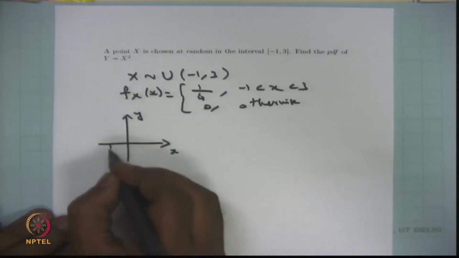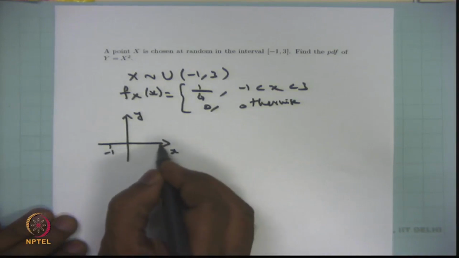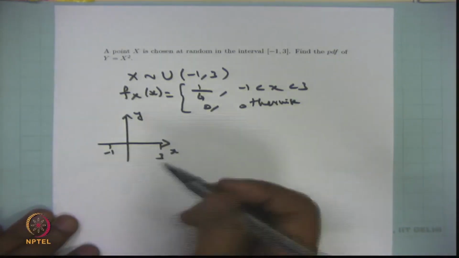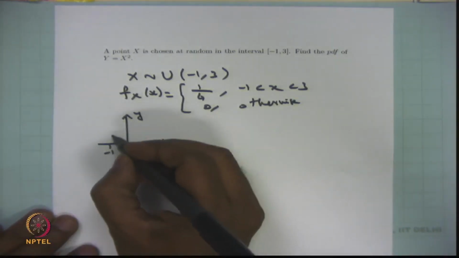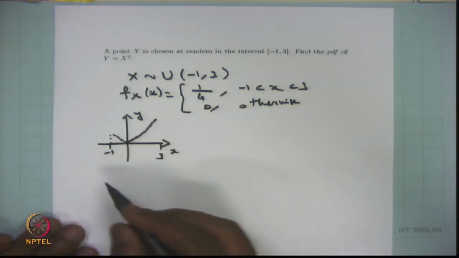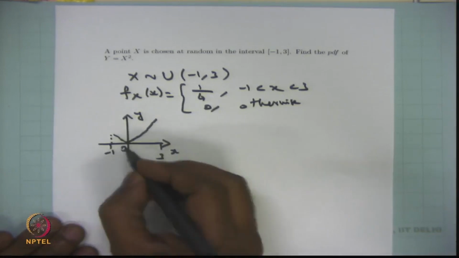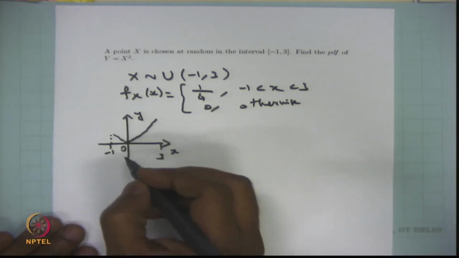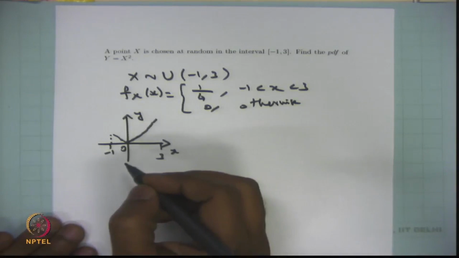But here, x takes the value from -1 to 3, and y is equal to x square. That means you just draw the parabola. Between -1 and 0 it is decreasing, and from 0 to 3 it is increasing.